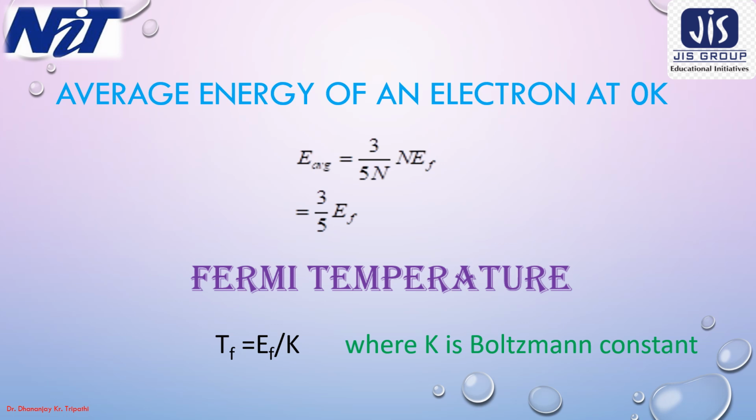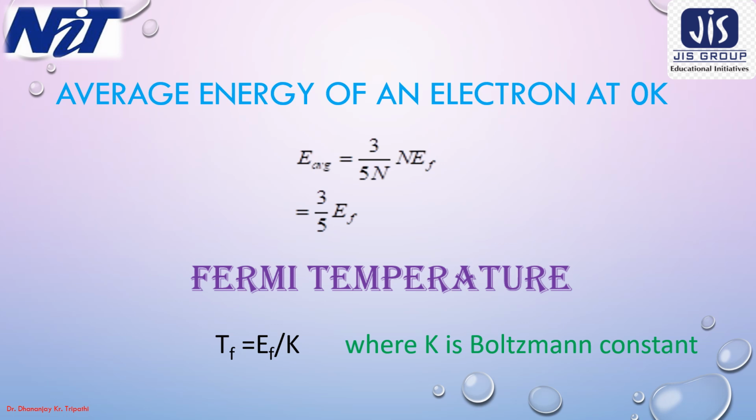So here E average will be equal to 3/5 N EF by N. N and N will cancel each other, and because of that we will get 3/5 into EF. What does this mean? This means that the average energy per electron at absolute zero is 3/5 times the Fermi energy of the electron.